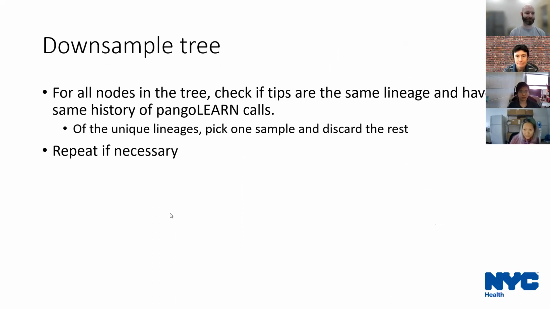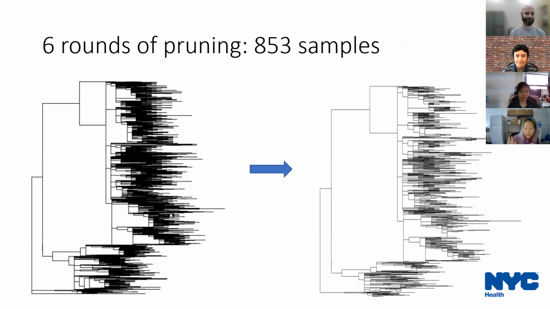After 6 rounds of pruning, we get our tree down from 7,000 something samples to 853, which is actually still a little overwhelming, but this was about the limit that I could prune it down to. So then, how do pangoLEARN and UShER compare?